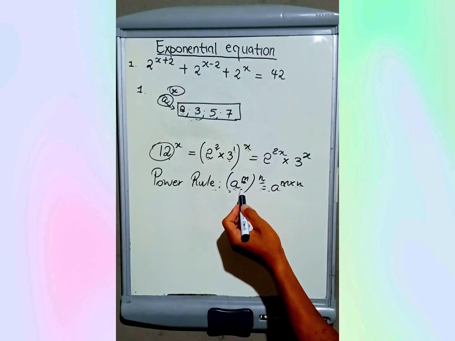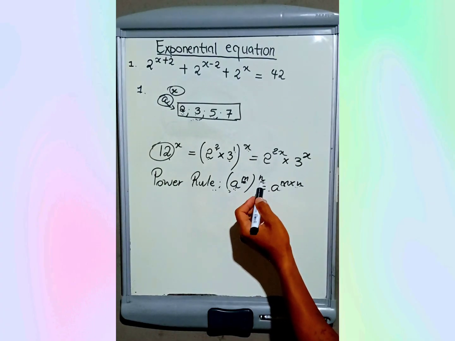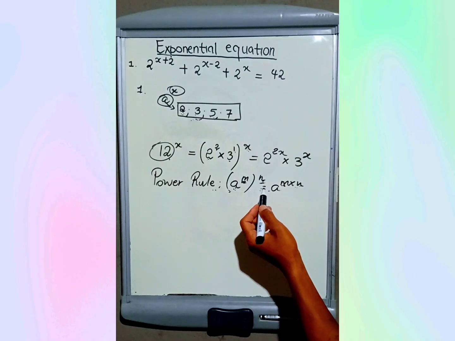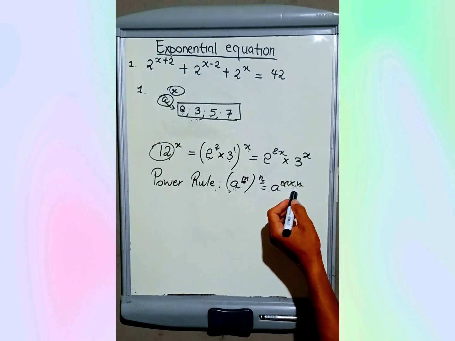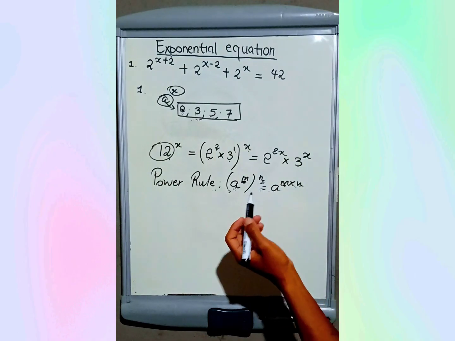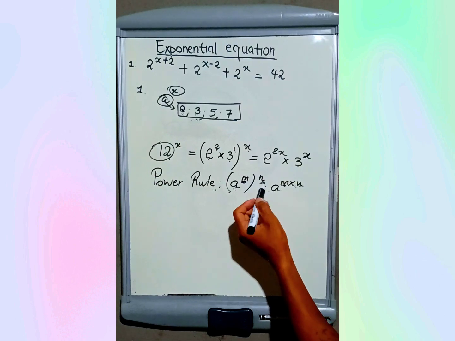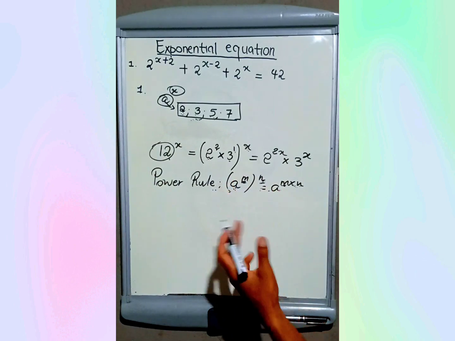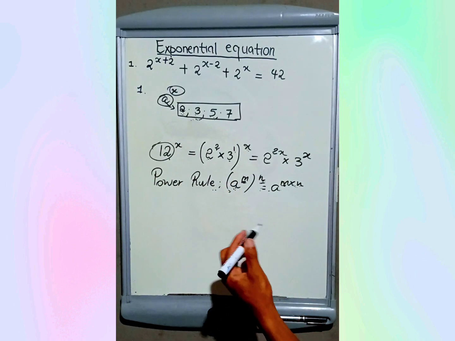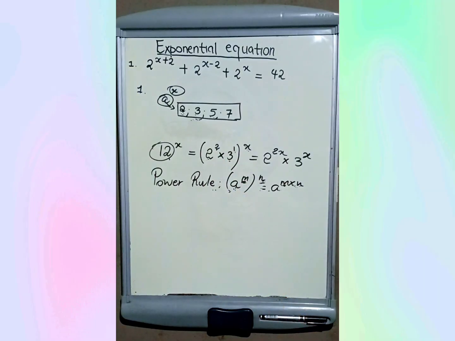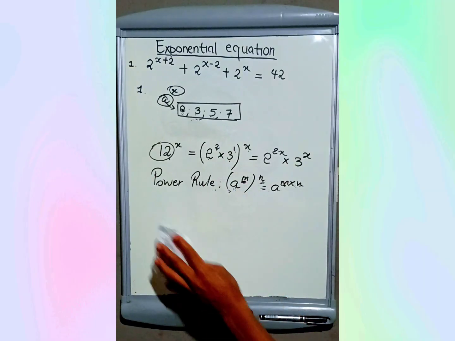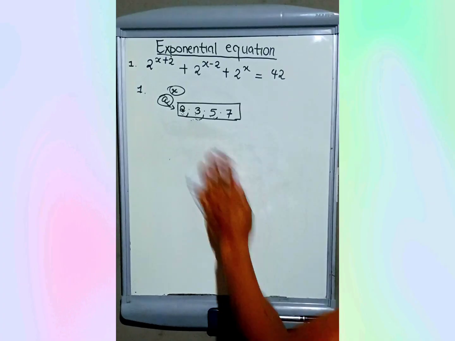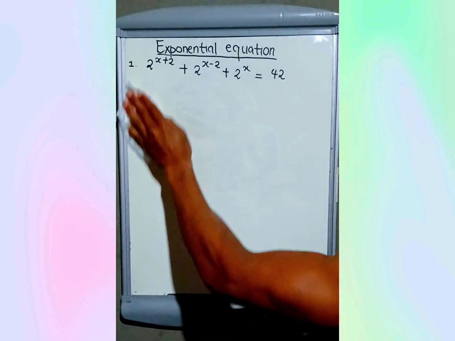The power rule says that if we have different exponents, then we multiply the exponents to remove the brackets. Therefore, that is the rule that I want to share with you, grade 11. Please take note of this rule. It's very, very important and it's going to help you a lot.